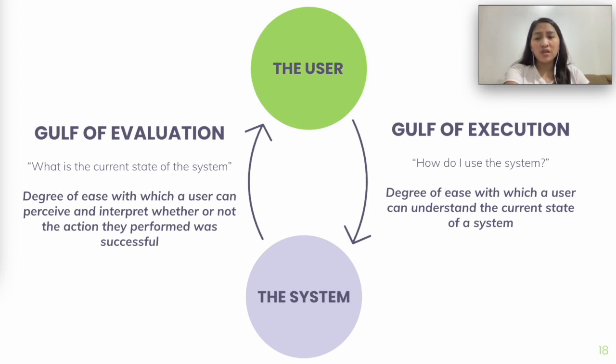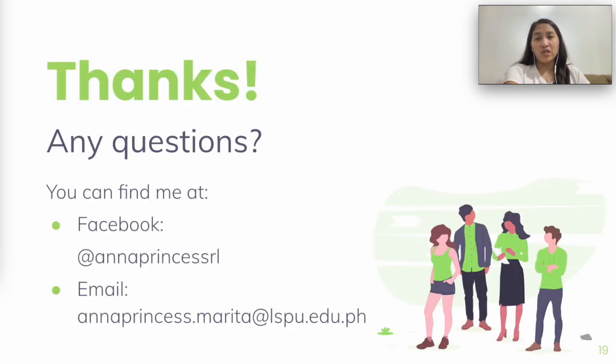The wheel alone is not enough for the user to interpret the progress that the system is making in response to their action. The gulf can be shortened by having a loading bar instead. So that explains the gulf of execution and the gulf of evaluation.